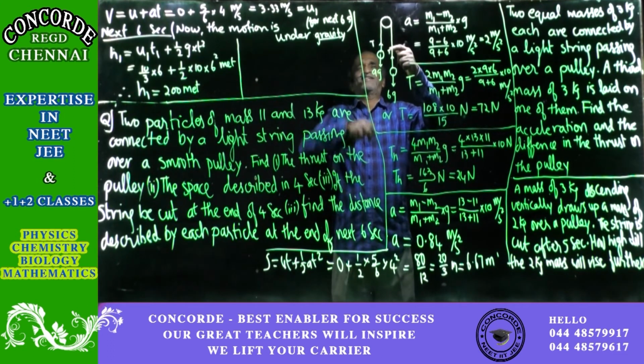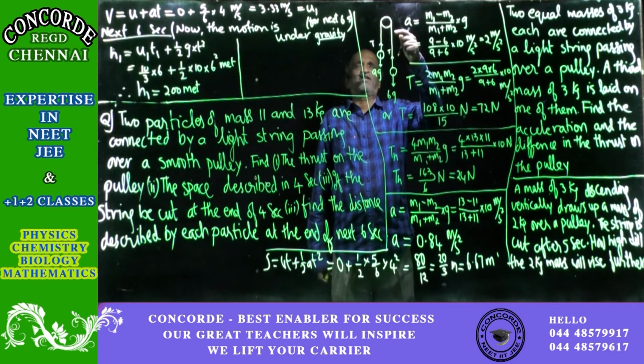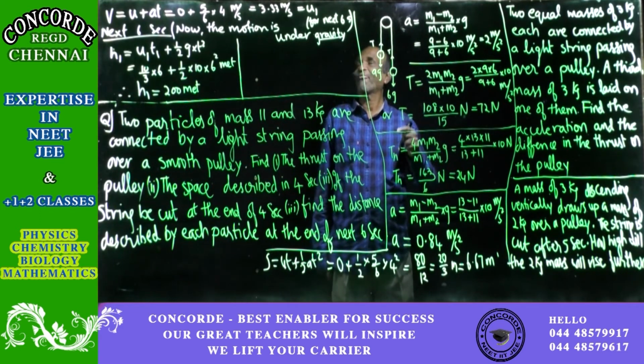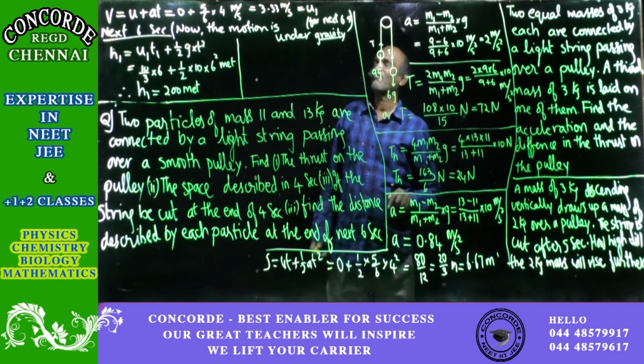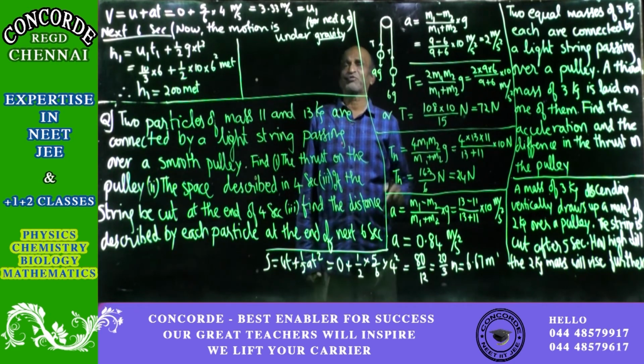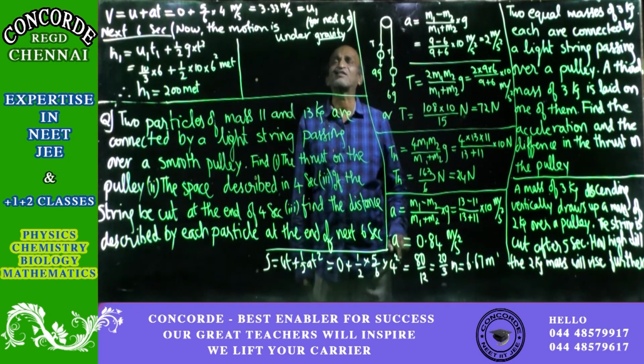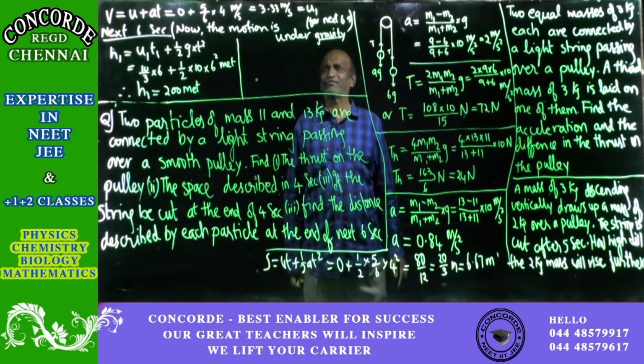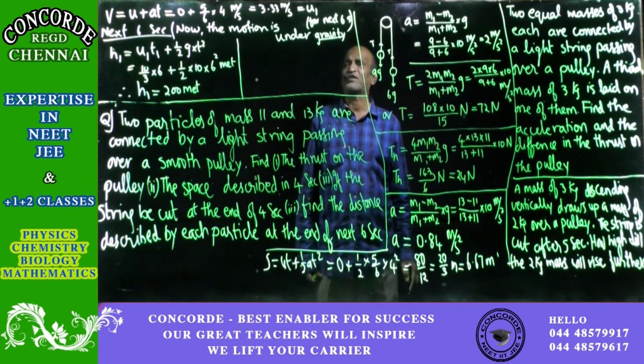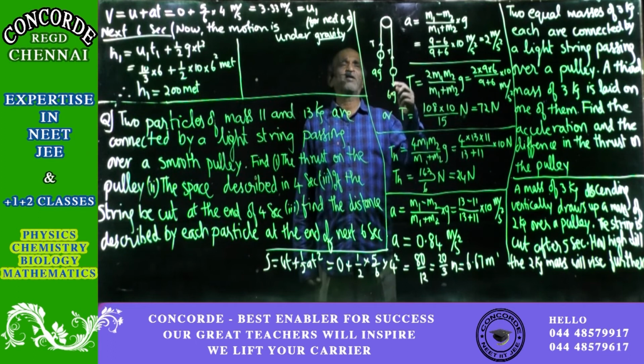Then the string is cut, it will go some more distance, then velocity becomes 0, then it will move down. So in this case, the further distance will be downwards only. So assume that the distance covered is downwards. If it is not correct, your answer will be negative. From that you do the selection, whether it is moving upwards after the next 6 seconds or down. Most probably after going up, more distance will only be covered down.